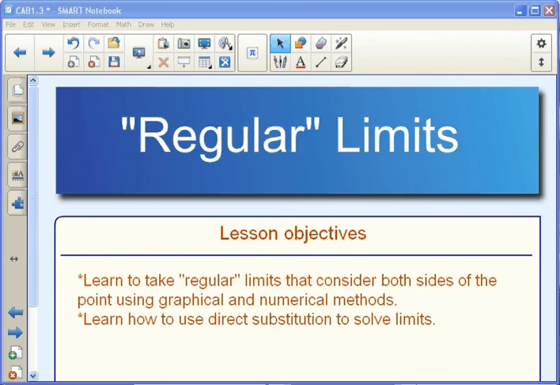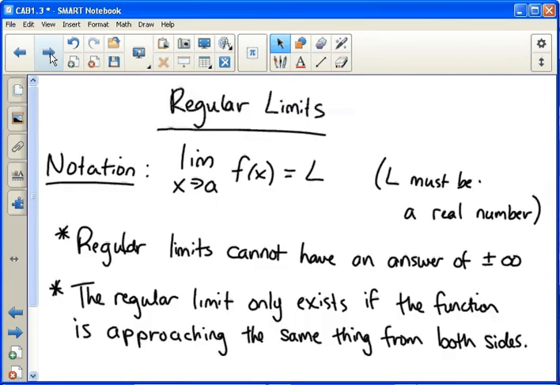So if you notice, the notation is exactly the same as it was for one-sided limits, except that there's no plus or minus in the superscript. So where there was something here before, right above the A, there's nothing there anymore because we're considering both sides. Also notice that our answer has to be a real number.